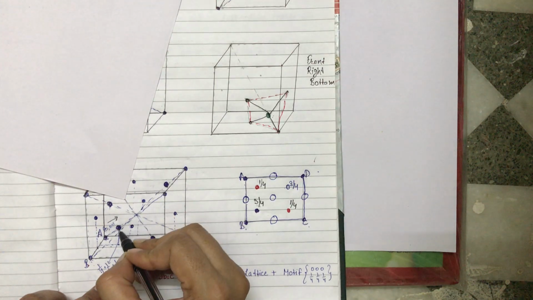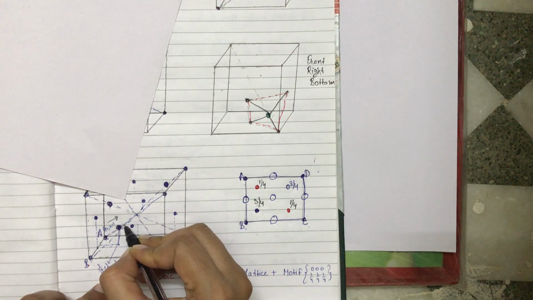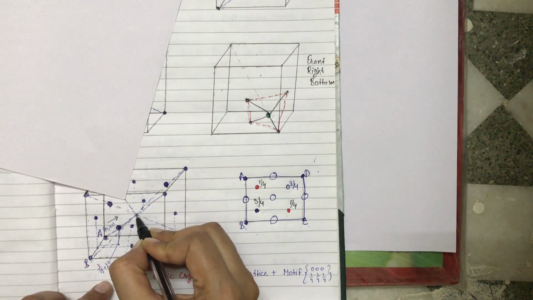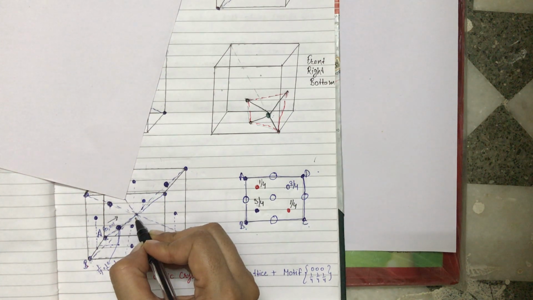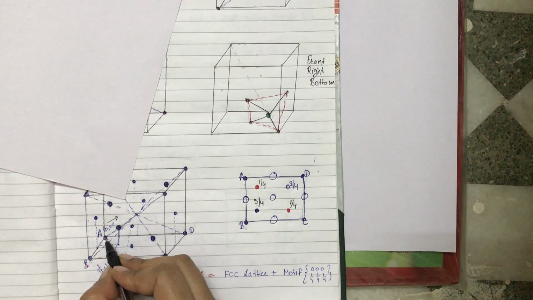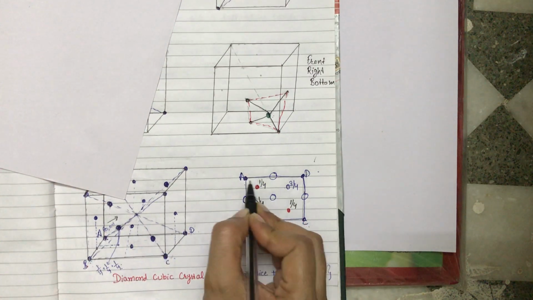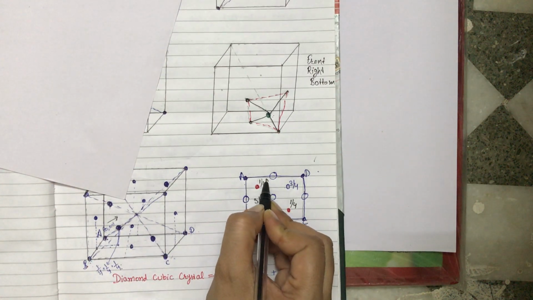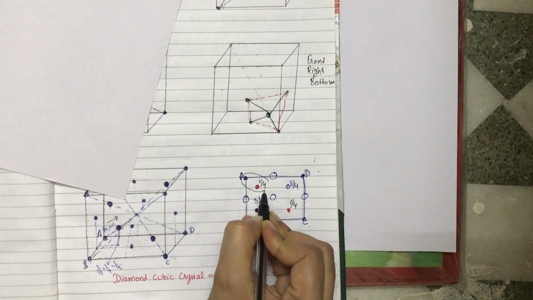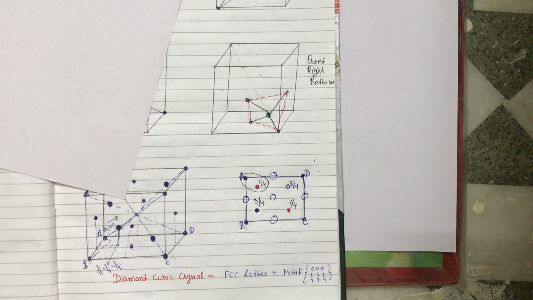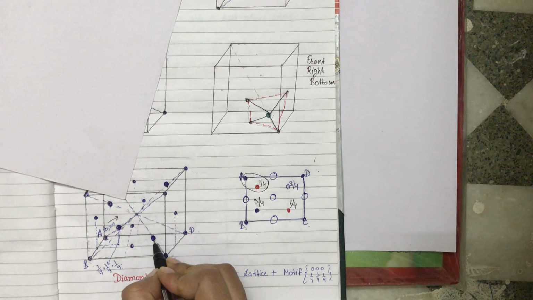Now, if further we move along this body diagonal, then there is no carbon atom at the center of this body diagonal. Clear? So, in this way, if this is a lattice point, then at this lattice point there are 2 carbon atoms situated. Clear?